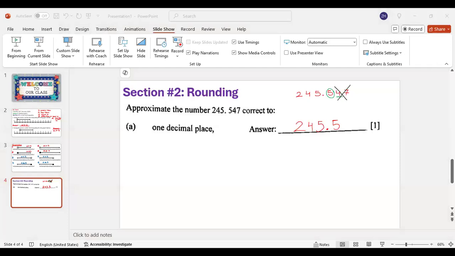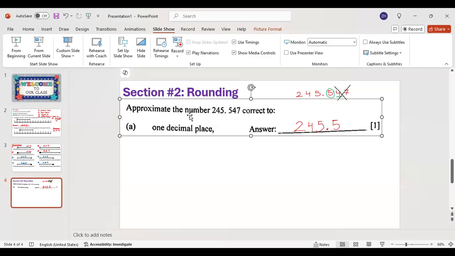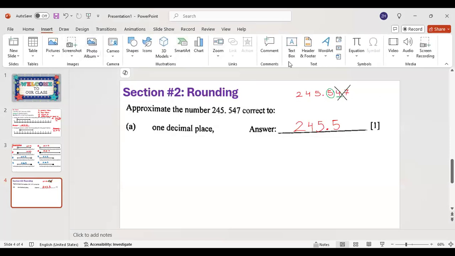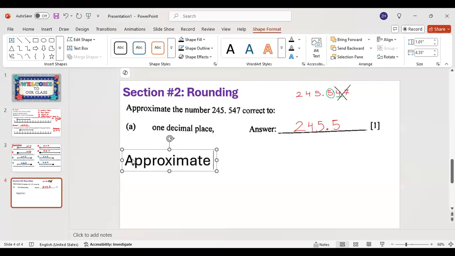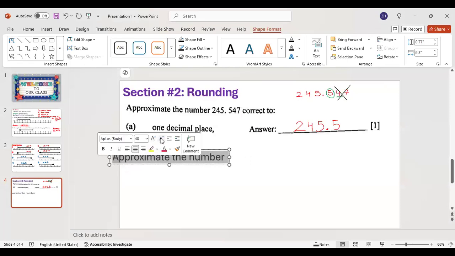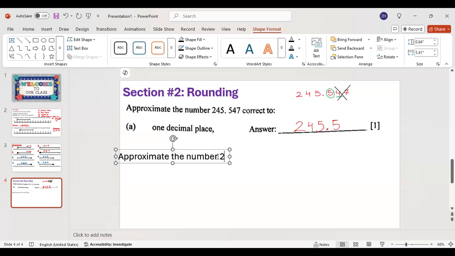Let's do another one. So I'm going to say, approximate the number 245.547 correct to... well, you can't use the same number again.